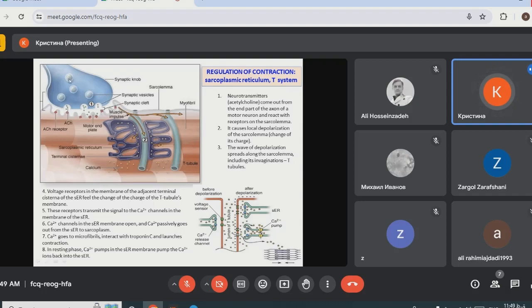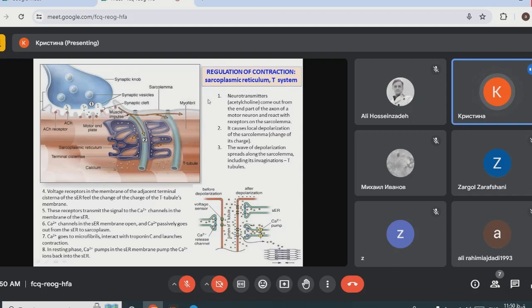So inside the terminal of the axon, we have the synaptic vesicles with neurotransmitters. Acetylcholine. ACh stands for acetylcholine. This is the neurotransmitter which is needed to contract a skeletal muscle fiber.